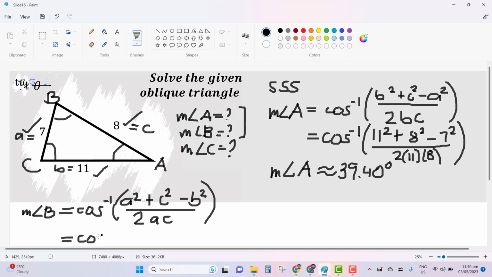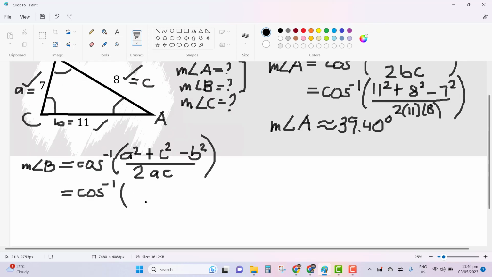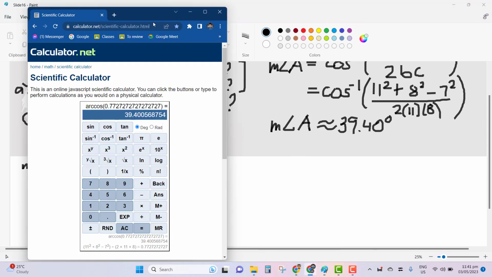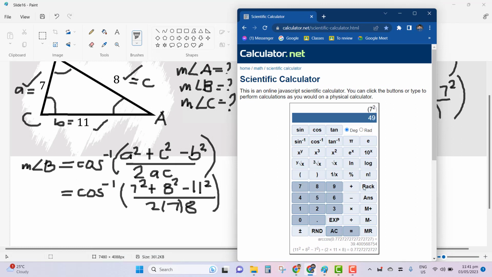So you have here cosine inverse of the given measurements: 7 squared plus c, which is 8 squared, minus 11 squared, that's your b, all over twice 7 times 8. Using the same calculator, we will use parentheses of 7 squared plus 8 squared minus 11 squared.